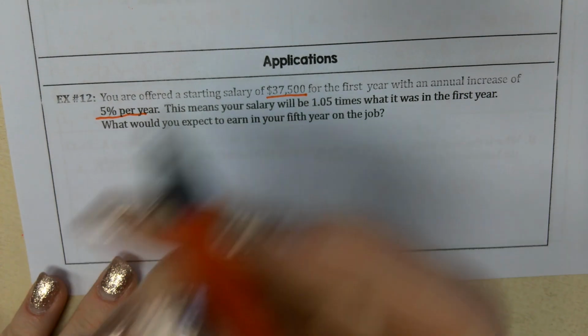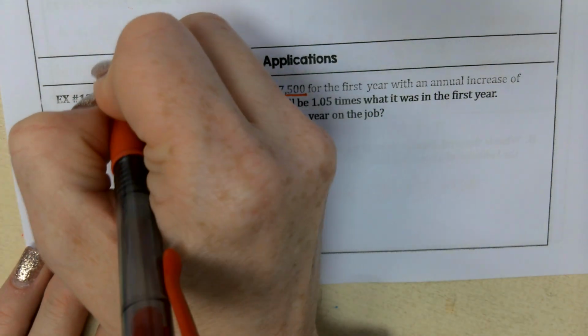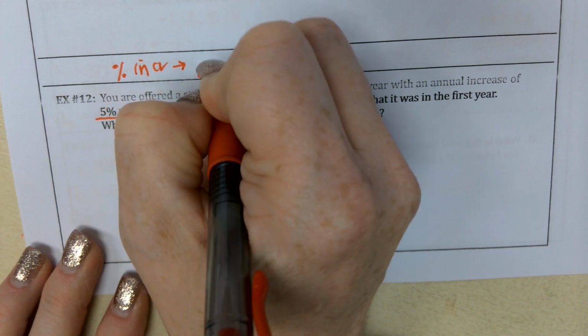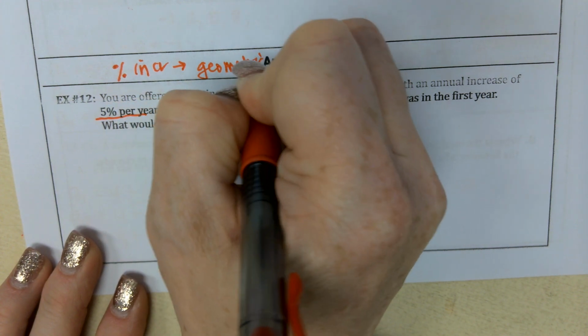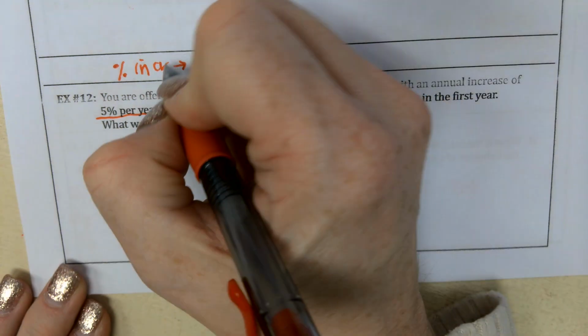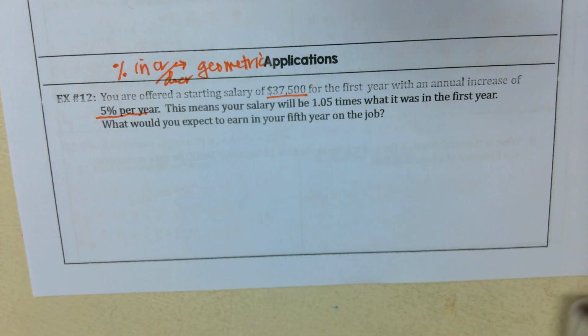First of all, if you have a percent increase, that is going to be a geometric sequence. If you have a percent increase or decrease, it will always be a geometric sequence. If your increase is a constant increase or a constant decrease, then it's arithmetic.